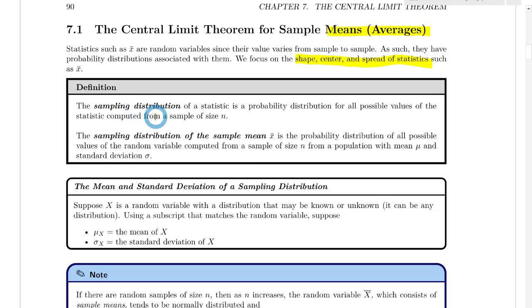The sampling distribution of a statistic is a probability distribution for all possible values. So when we do probability distributions for a statistic, it's a sampling distribution. The sampling distribution of a sample mean is a probability distribution for statistics about the mean. The sample size is size n. We have a population mean that we're essentially estimating, and the standard deviation.